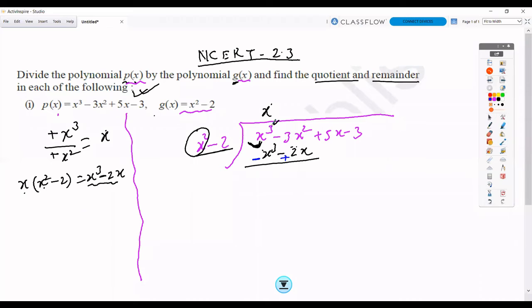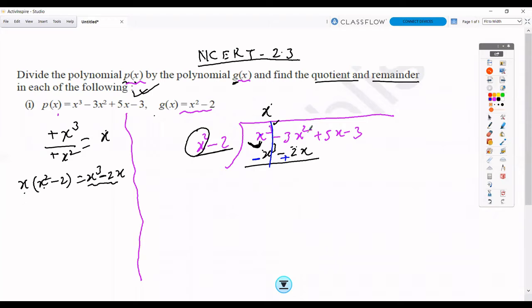We also take care that the first term will always cancel out. The first term will be cancelled anyhow. Otherwise, if this is not cancelled, it means you have done something wrong. And how will you verify whether it cancels or not? x cube minus x cube will become 0 x cube, 0 x cube means 0.